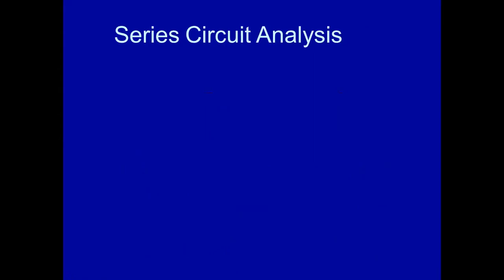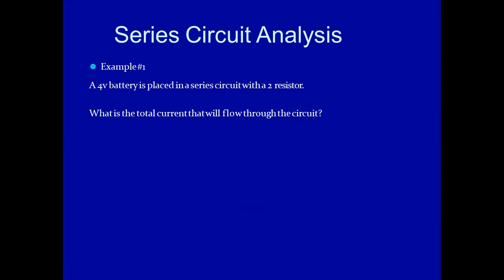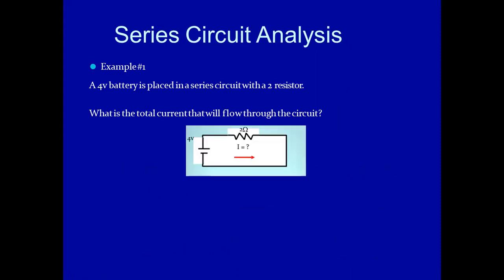We have this series circuit analysis for this first example. A 4-volt battery is placed in a series circuit with 2 resistors. What is the total current that will flow through the circuit? Okay, so we have this diagram. Although it is not stated in the problem what the values of the resistors are, this is a 2 ohm resistor. As you can see here, we are given 2 ohms and a voltage of 4.